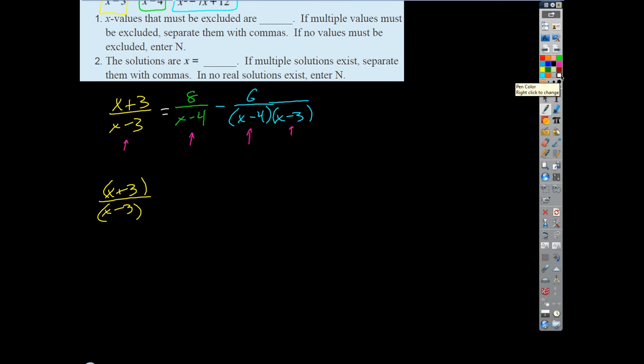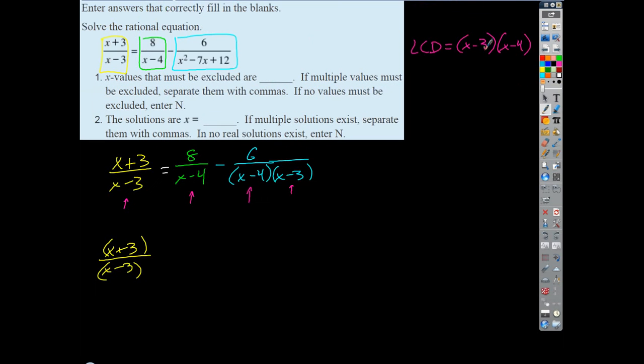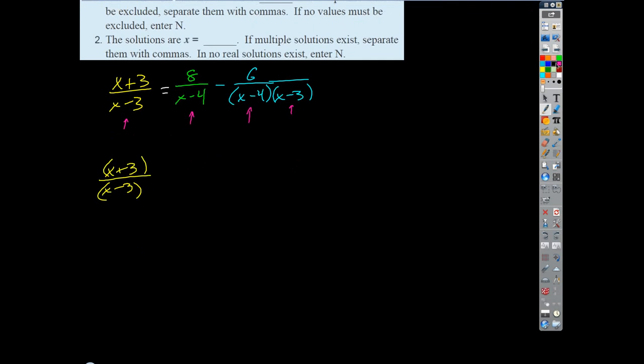So we're going to distribute that LCD through both sides, which means we're going to have to multiply each term by that. So we'll multiply the yellow fraction by it, we'll multiply the green fraction by it, and we'll multiply the blue fraction by it.